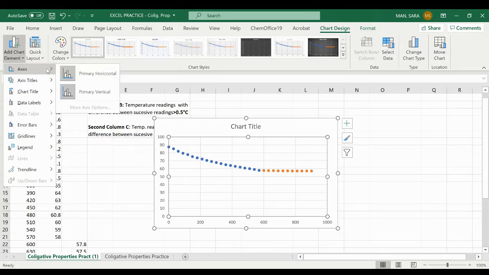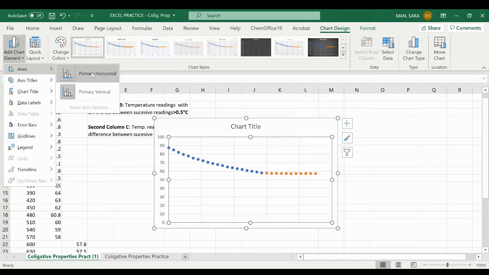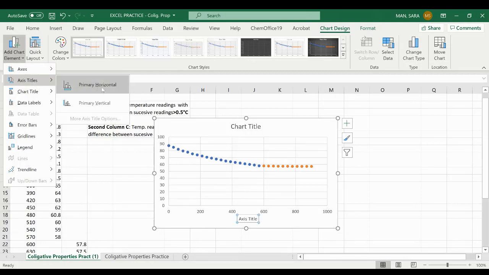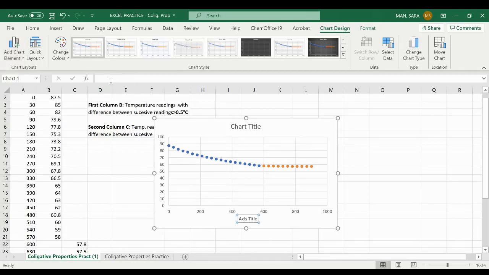We have the axis titles. So let's start with that. That is easy. Let's add a title here. What is the title there? What are the units of what you are measuring down there?